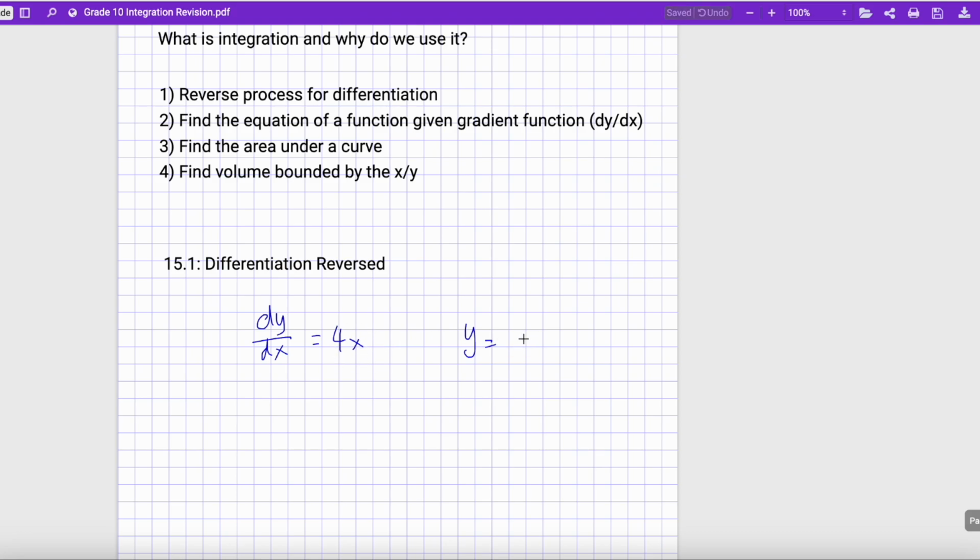So maybe it's 2x squared. When you differentiate, dy over dx, you should get 4x. So essentially the process of integration helps us get from here to here, but we want a more systematic way of doing it rather than just guessing.